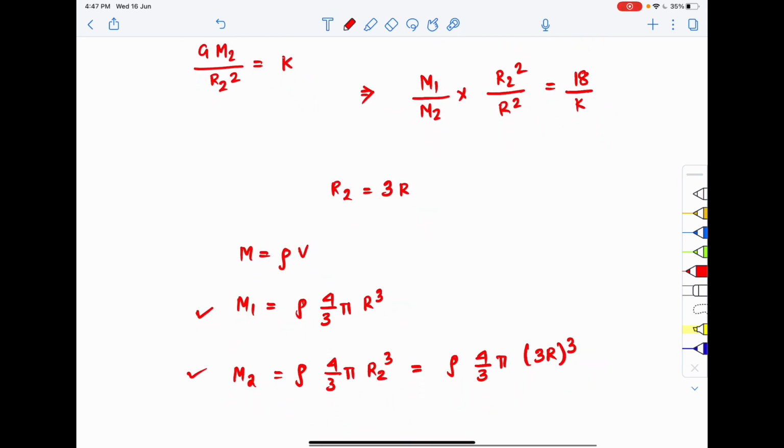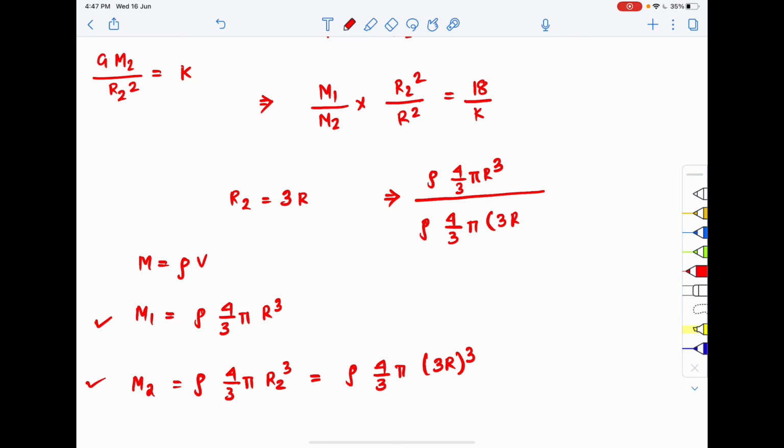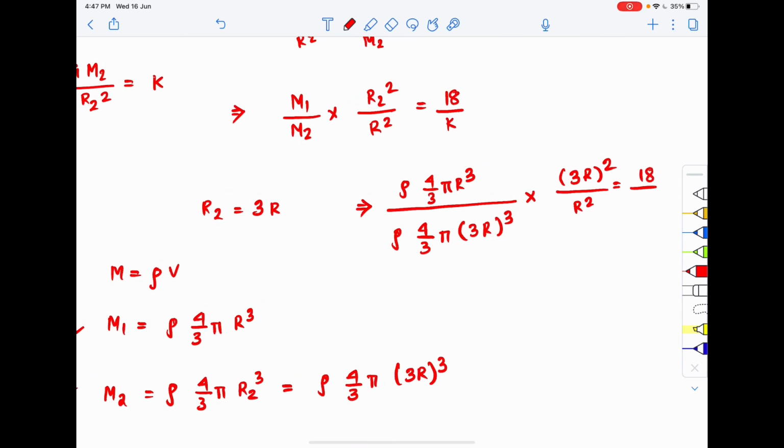Now if I put this into the equation, in place of m1 I put rho into 4 by 3 pi into r cube, and in place of m2 I put rho into 4 by 3 pi into (3r) cube. In place of r2 we have 3r, so (3r) square divided by r square, and this will be equal to 18 divided by k.